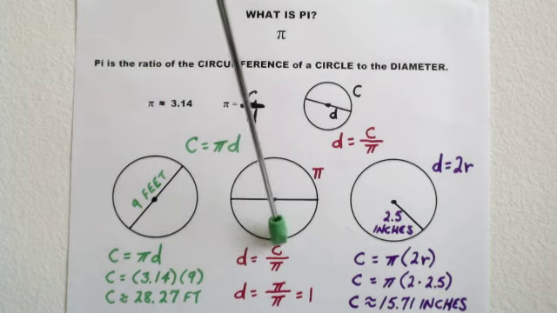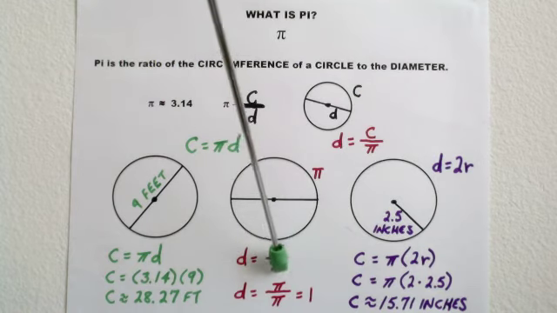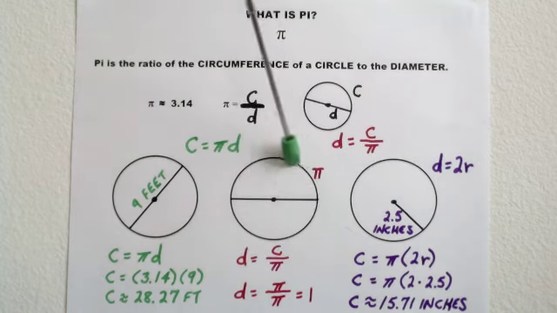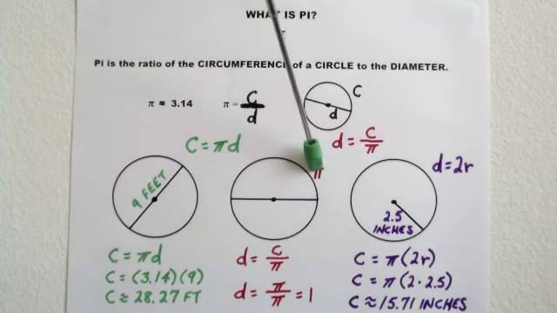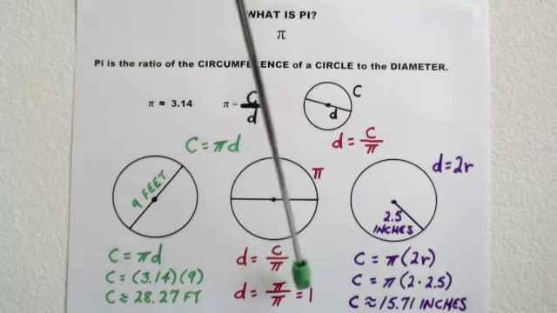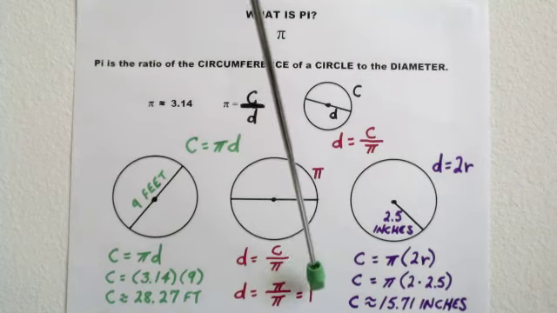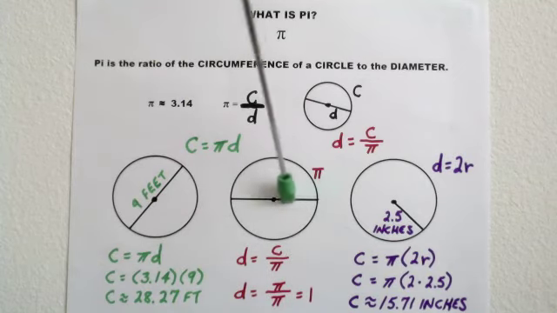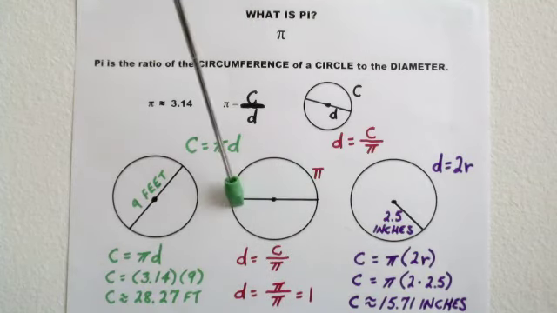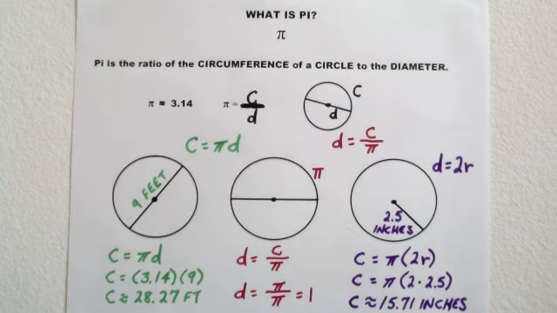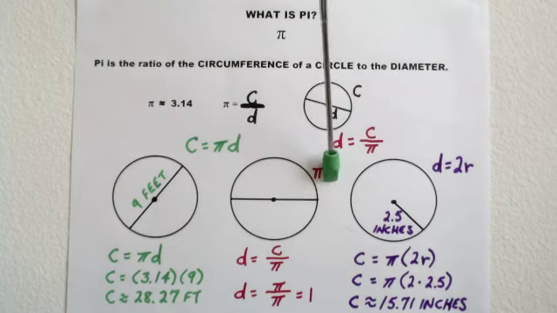Diameter equals the circumference divided by pi. So the circumference is pi. So pi divided by pi equals 1. So the diameter is 1 unit, whatever the units are. Feet, inches, miles. We would have determined that from the units that were on pi.